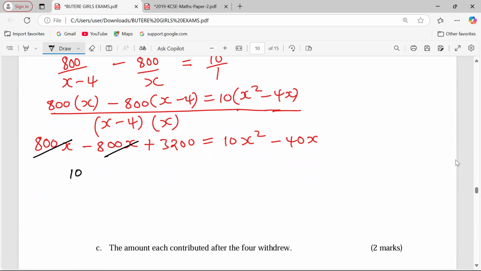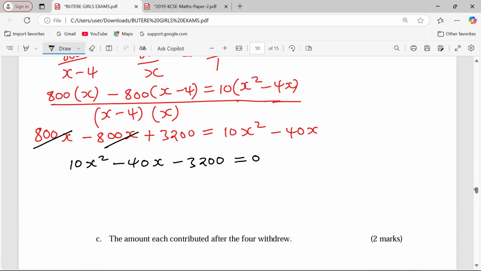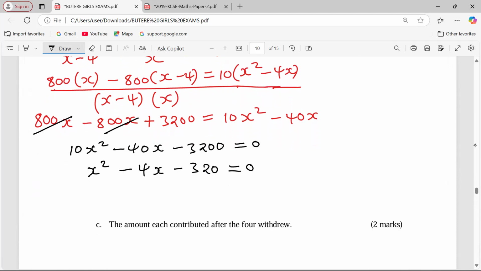So we can start with 10x squared minus 40x. Then that 3200 can be taken to the same side, then we shall remain with a 0 on that side. This equation can be solved either this way or it can be made simpler because I can see a common factor here. When we divide through by 10, this shall be x squared minus 4x minus 320 equals 0.